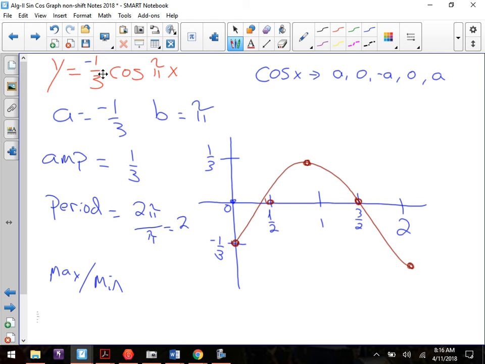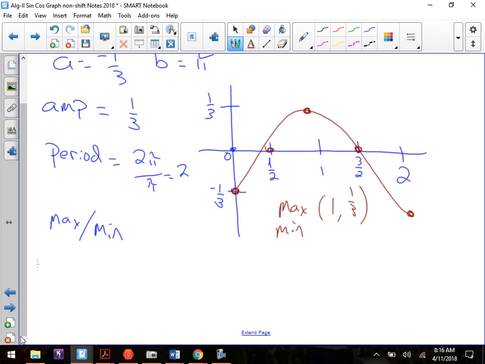So my max would be at 1 comma 1/3. The min, just like Ken was asking, when you think about how we did intervals for solving solutions, remember how we always included 0, but we did not include 2 pi? So I would always put my minimum value, the first minimum I would see going from left to right, because that's technically the right way of doing it. So it would be at 0 and negative 1/3.